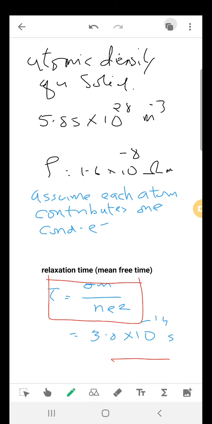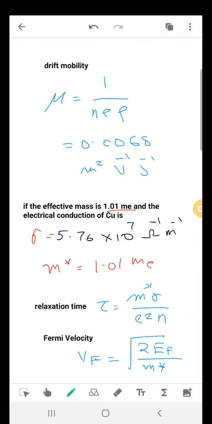And then the drift mobility again is mu is equal to 1 by Ne into rho. So this is the number density, electronic charge, and resistivity. So this comes around 0.0268 meter squared per volt per second.